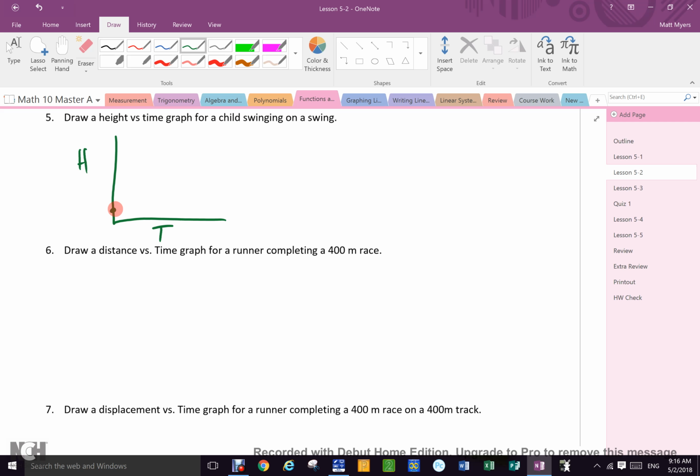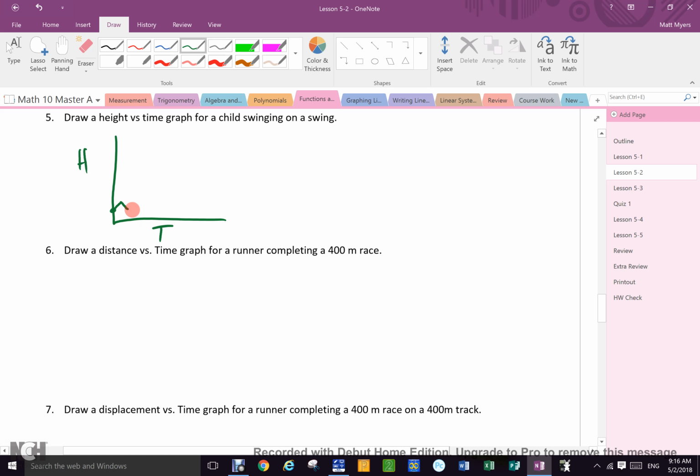You stand up. What's happening to the swing? It's up a very little bit, especially with me, because I've got very short, stumpy legs. Then I lift my legs and I go down, right? Can I go down below this line? No, because that's the lowest the swing goes.